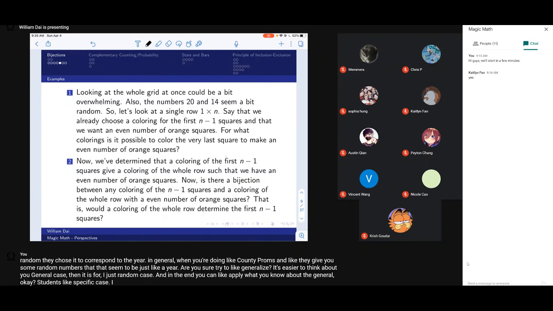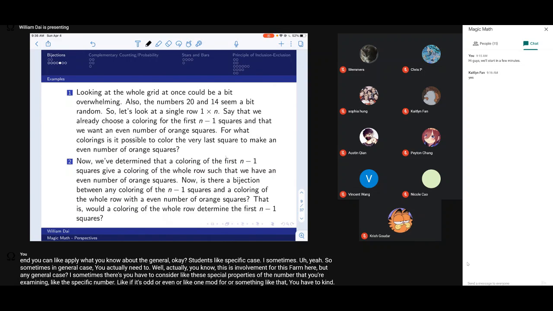Sometimes in a general case, you have to consider the special properties of the number that you're examining, like if it's odd or even or 1 mod 4, you have to consider if it can be any n.